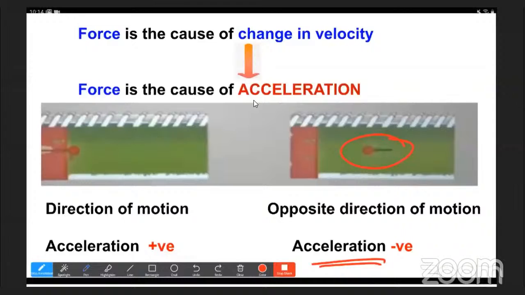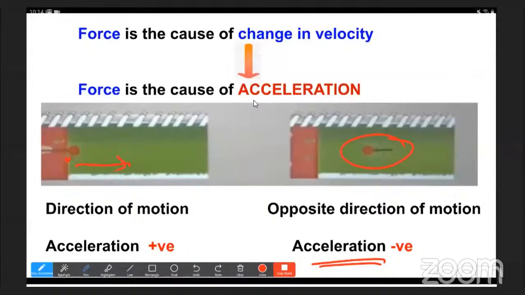Here the force applied on this object is in the opposite direction. Right? So here, in the first case, velocity increases from 0 to positive. Right? The body is at rest at first. So when we apply some force or when we kick the ball, it will start moving.